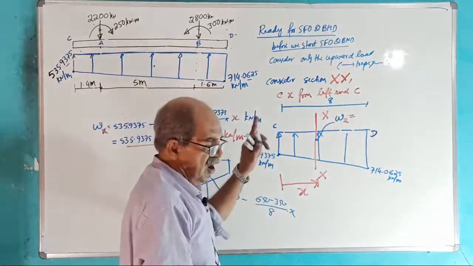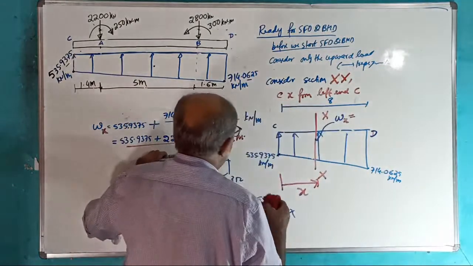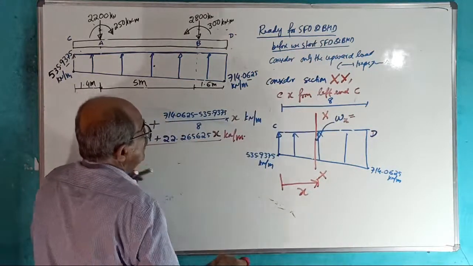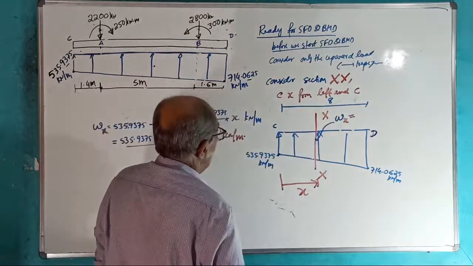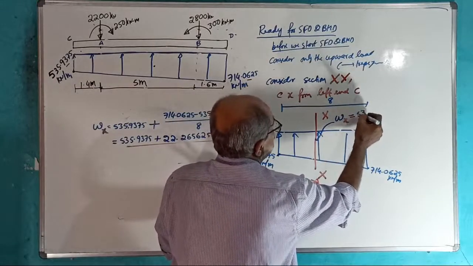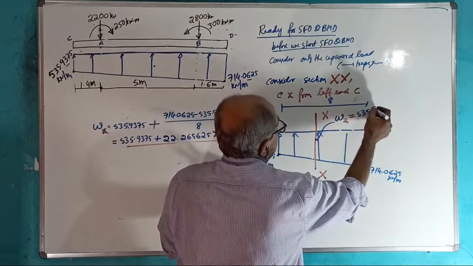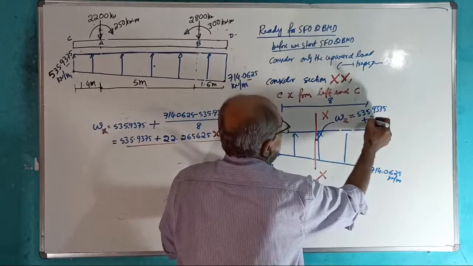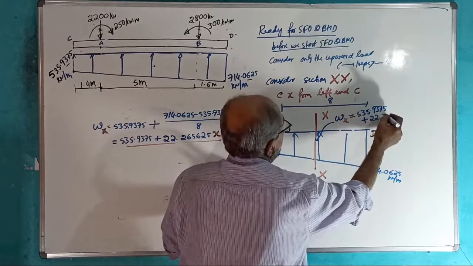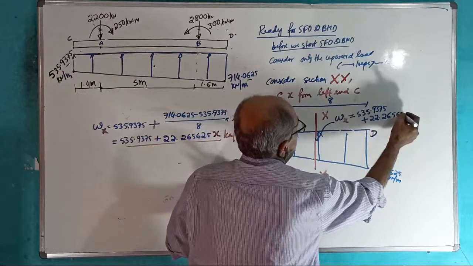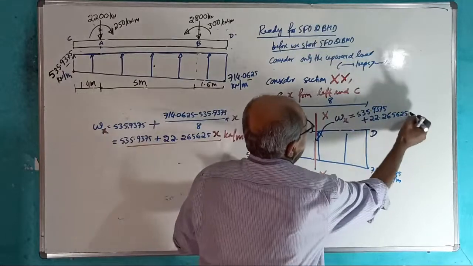I explained all that in the mathematical class. Now you know the answer, so I will enter here: 535.9375 plus 22.265625 multiplied by x.